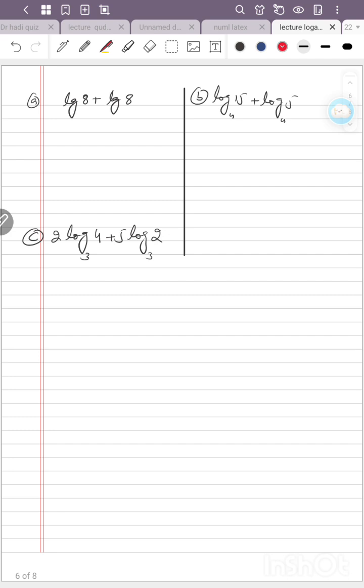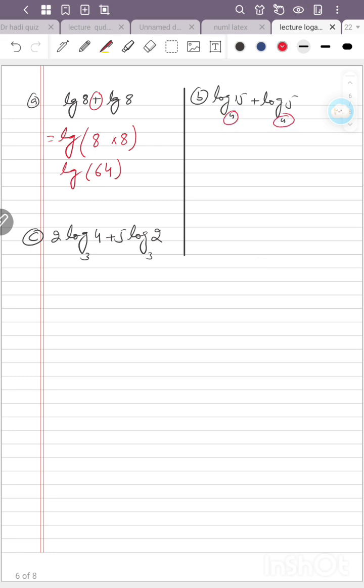We have a question: log of 8 plus log of 8. How do we solve this question? If the logs are added, we can write them as a single log. This is positive, so the property says 8 multiplied by 8, so here 8 times 8 is 64, our answer. Next, again look that the two bases are the same.